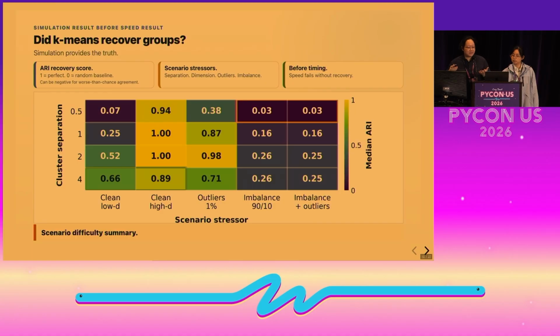We test our implementation under various scenarios, such as the separation between clusters, which is related to the overlap of the clusters, the dimensionality of the data, the presence of outliers, or the imbalance in cluster sizes. The key point is that we should not accelerate our code until we are satisfied with its performance.